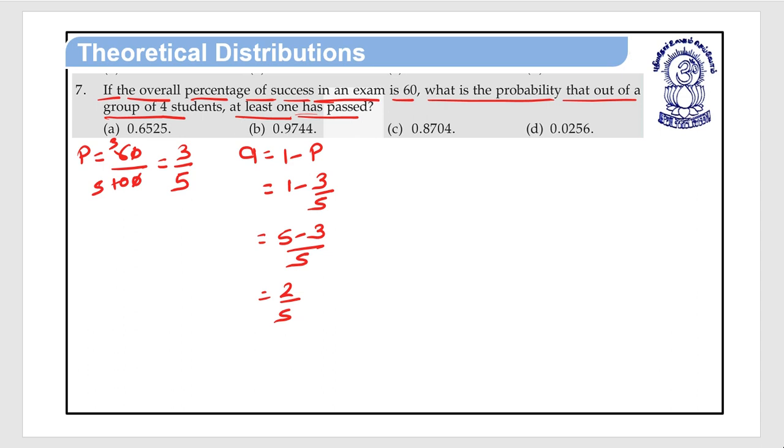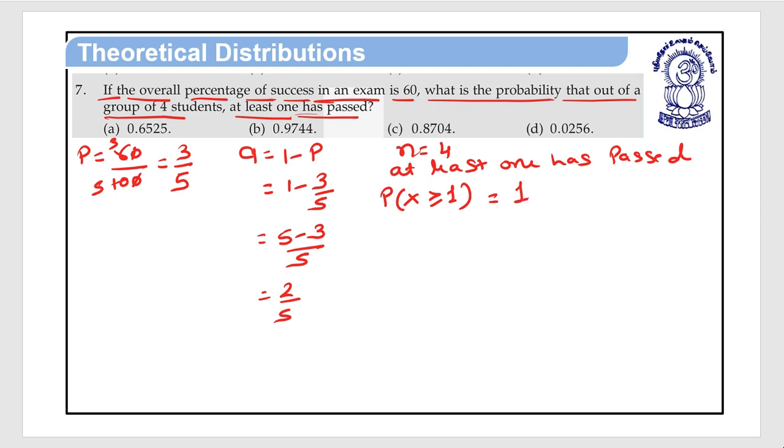What is the probability that out of a group of 4 students, n is given, n is equal to 4, at least one has passed. So probability of x greater than or equal to 1 we can write as 1 minus probability of x equal to 0. So 1 minus nCx p raised to x q raised to n minus x.